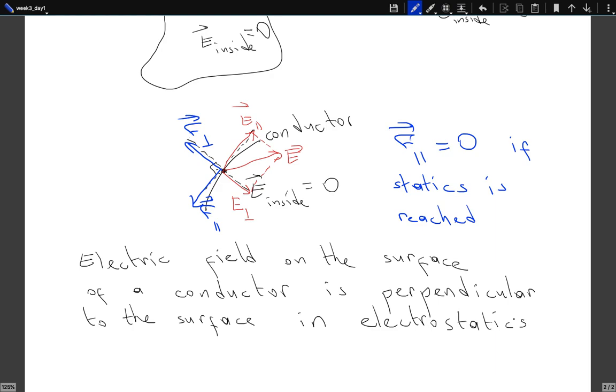When we put the conductor inside an electric field, or when we change the electric field, the electrons will be moving around. So it's no longer statics. But if you wait long enough, eventually the electrons will reach their final position. And when they reach their final position, the electric field inside the conductor will be 0. And the electric field on the surface of the conductor will be perpendicular to the conductor itself. These are the two things that you should keep in mind.